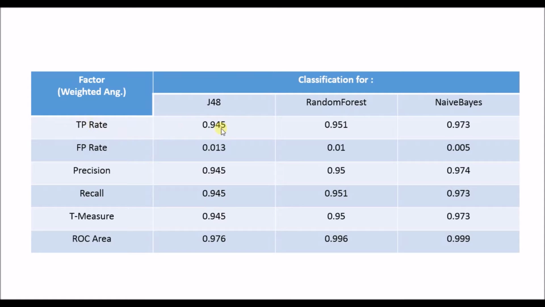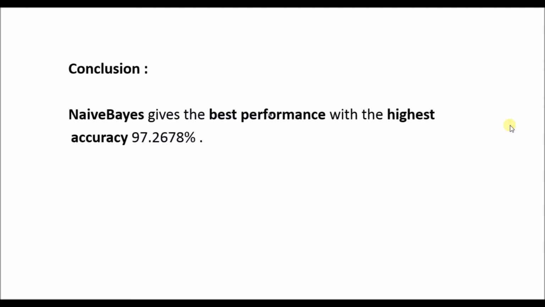For the TP rate, naive Bayes still shows the highest, the lowest is J48, and random forest is between J48 and naive Bayes. So in conclusion, naive Bayes gives the best performance with the highest accuracy of 97.27% among these 3 models.